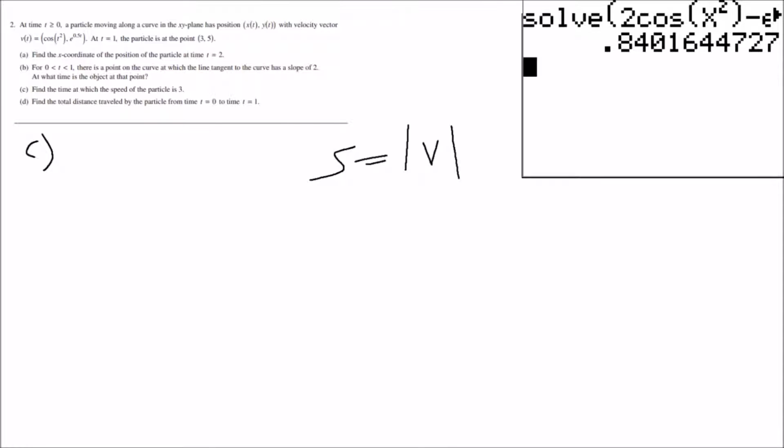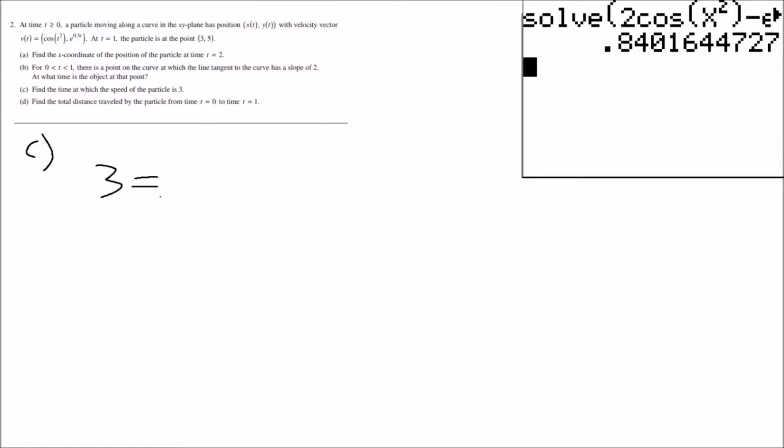Right. So, that being said, what you would do now is you would say, oh, you want to know when the speed of the particle is 3? Let's do that. 3 equals. Easy.